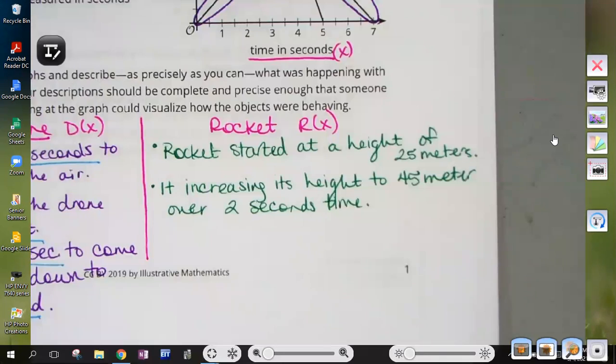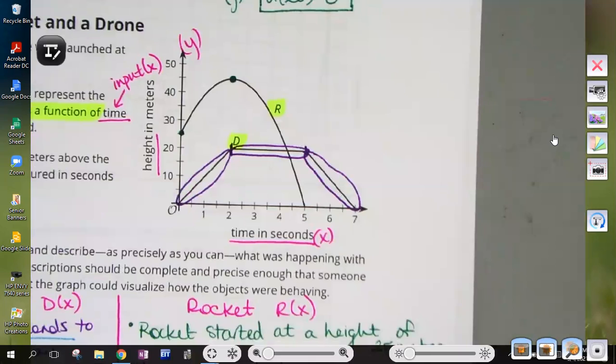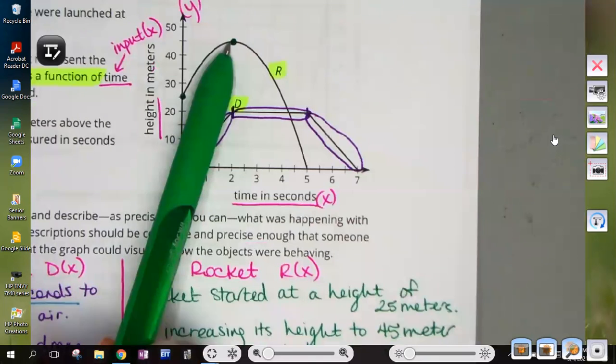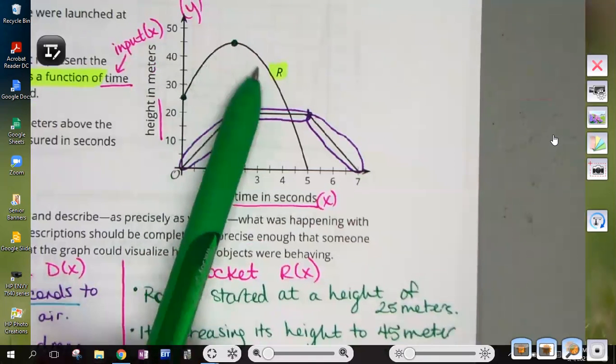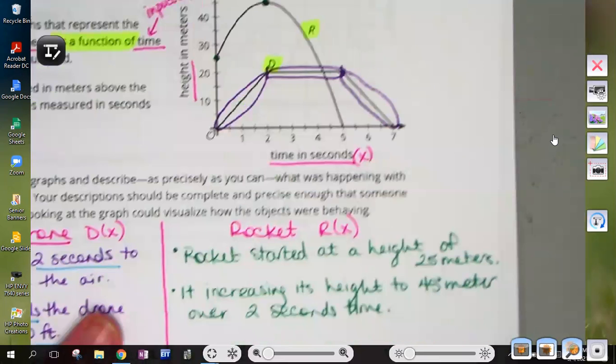All right, then what happened after that 2 second point? It started falling, okay? What do we know what happens eventually when we throw something up in the air? It's got to come back down, okay? So after 2 seconds, it stopped and fell to the ground. How long did it take to fall to the ground? 3 more seconds, okay?